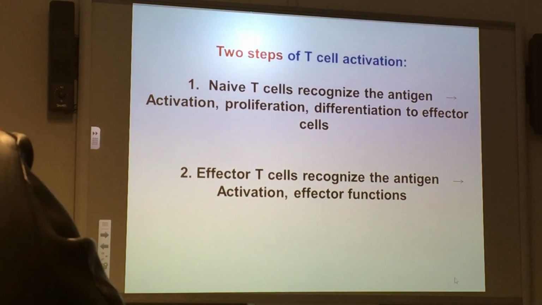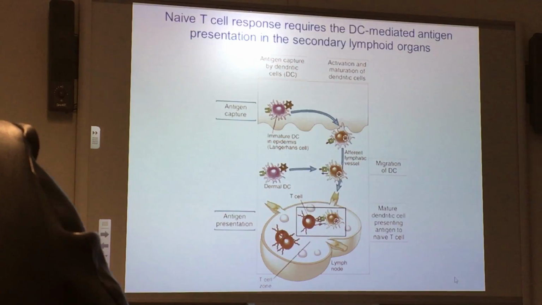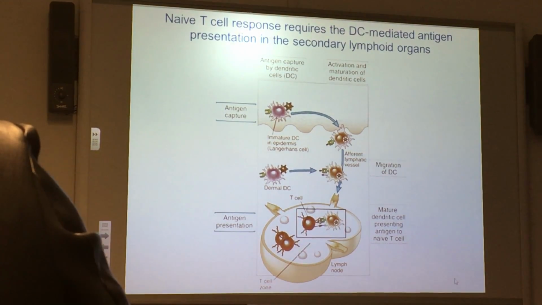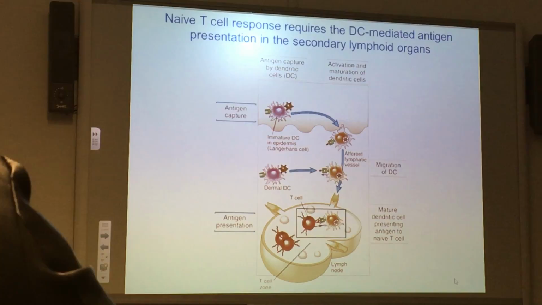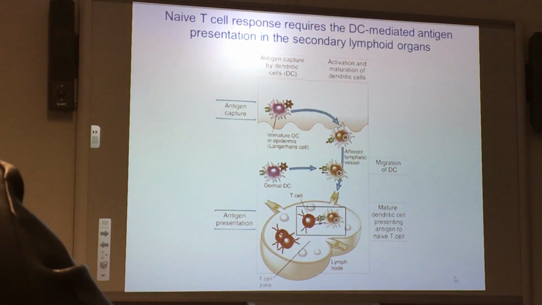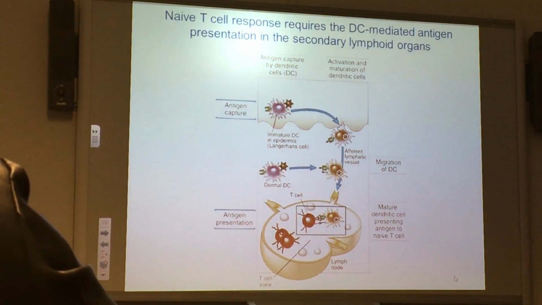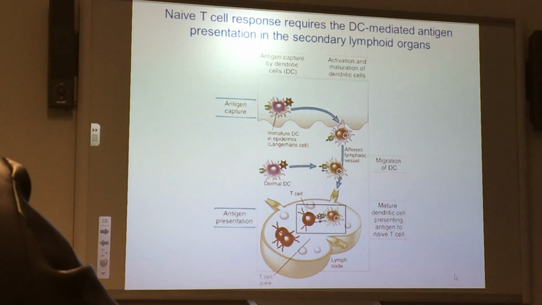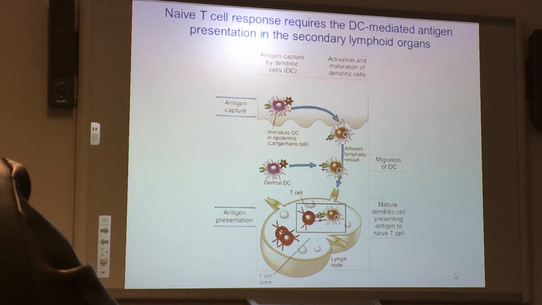What is the effector T cell? Effector T cells differentiate in the lymph node during the proliferation, during the clonal expansion. Do they need any antigen? They need that. That's what is important to get. But they don't need a dendritic cell. They need an antigen presenting cell, an MHC peptide complex, the antigen.